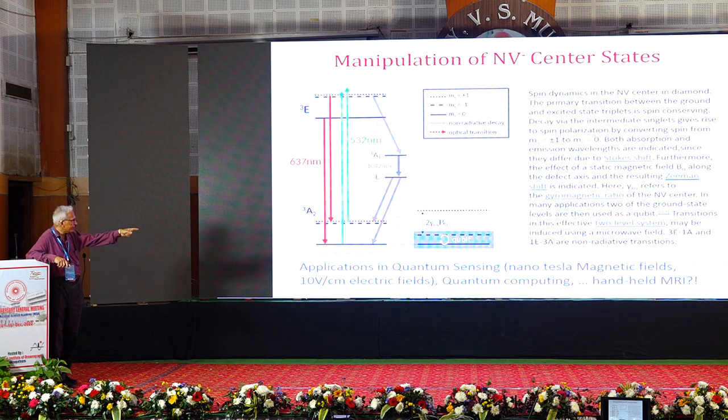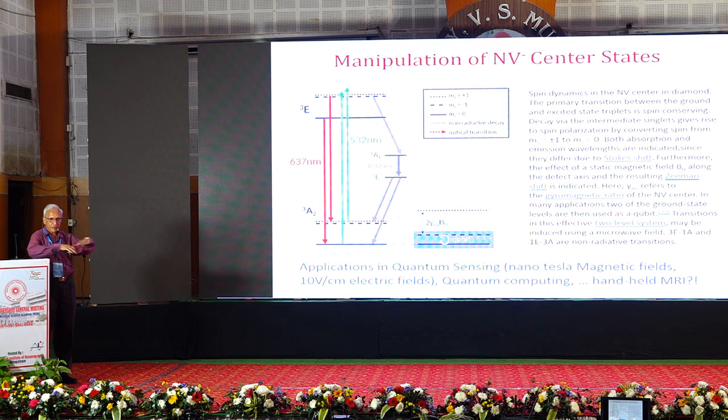People think that you can detect magnetic fields down to nanotesla and electric fields of 10 volts per centimeter. That means you can make out if there's one electron. You can approach a tenth of a centimeter away, and you'll know that there's one electron there. It's an amazing sensitivity to electric and magnetic fields.